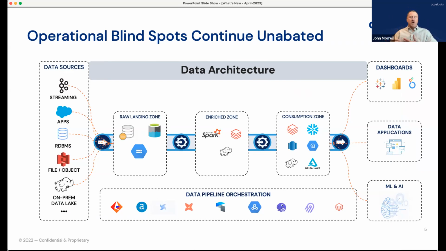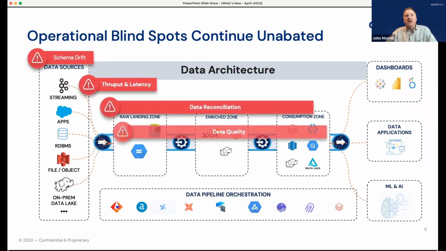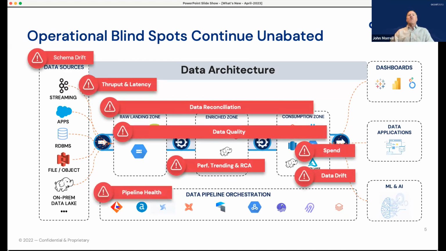And they continue to work their way through, whether that's changes in your schemas, issues around throughput, performance, and latency, whether it's around making sure your data is synced between all your various systems and is saying the same thing, and that's called data reconciliation. Or whether that's making sure that your data is of the highest level of quality so that your end users can trust it and understand it and work with it effectively.